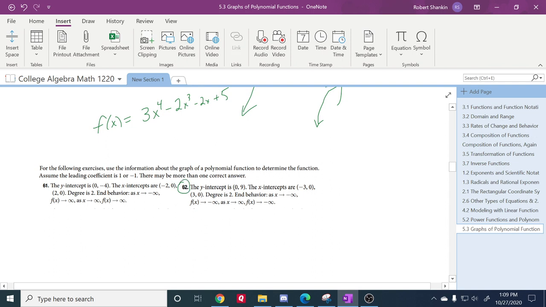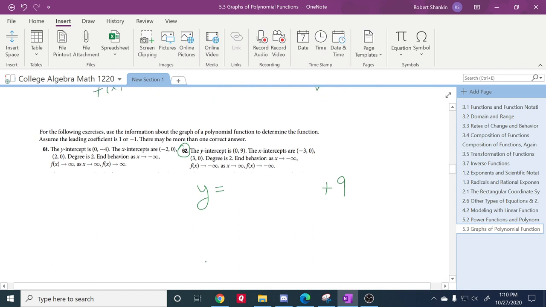The y-intercept is (0, 9). So we're going to come up with an equation. And we know we've got to get the y-intercept to eventually be (0, 9). Now what does that tell me? It tells me there's going to be a plus 9 way back here, if it's not in factored form.